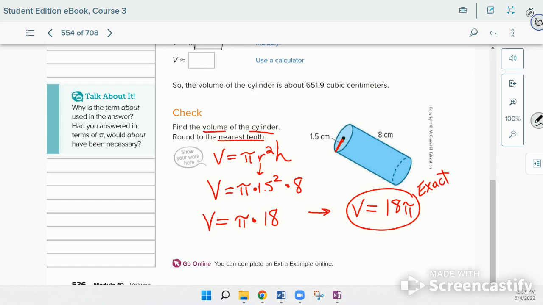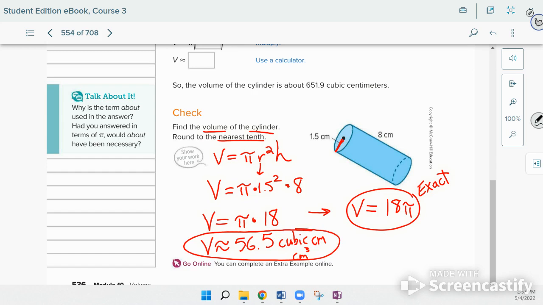But what we want to do is multiply that by pi, and now we can approximately, we flip it over to that squiggly equal sign, and we get 56.5, because there's a 4 after the answer in the problem, and then we're going to say cubic centimeters. Or you can do the symbol centimeters to the third as an abbreviation.